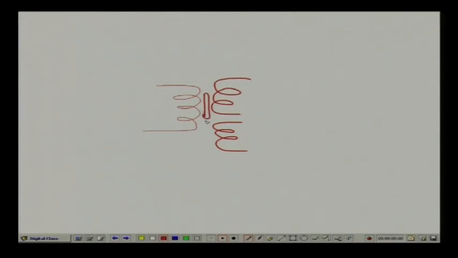That is our LVDT. I put an excitation here, and I will get two secondary voltages here. This is the basic diagram of the LVDT.